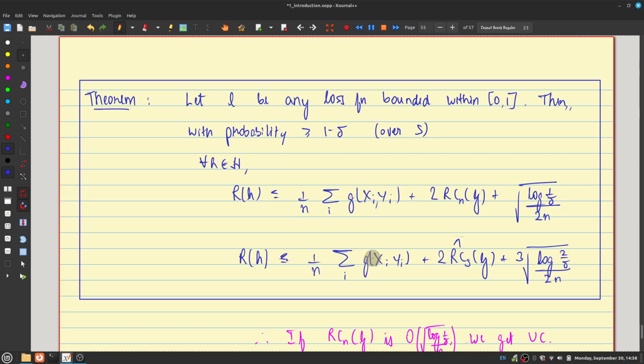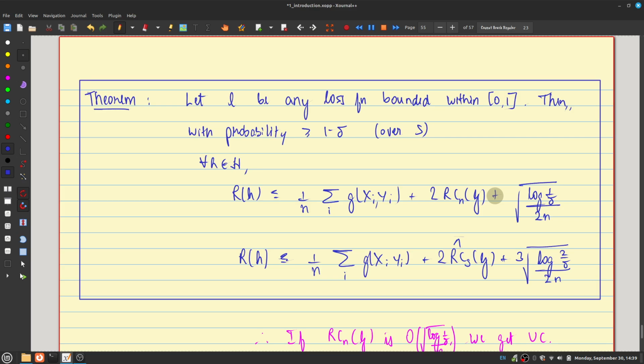And the goal of this class will be to prove the following theorem, which says that given any supervised learning problem with a bounded loss function, with probability greater than or equal to 1 minus delta, the generalization error for every hypothesis is upper bounded by the empirical risk plus twice the Rademacher complexity plus some quantity that depends on delta and n.